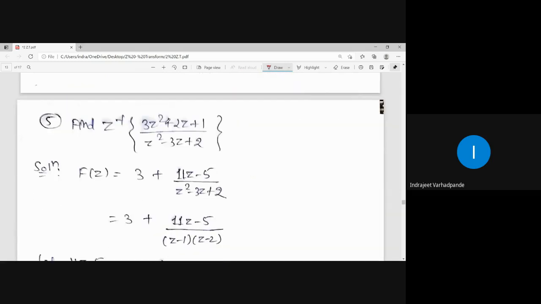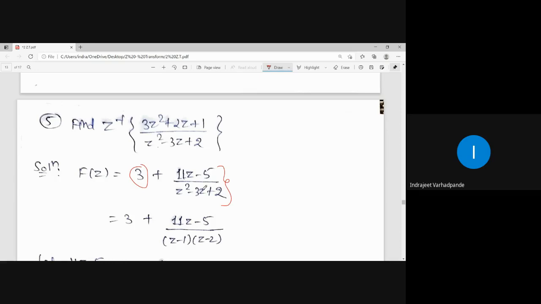Here degree of numerator and degree of denominator both are same. Actually, for applying the partial fraction method, degree of numerator should be less than the degree of denominator. But in this case, it is not the case. Therefore, I have to first do the polynomial division. After that 3 remains and this becomes the term which will be taken into account for the partial fraction method.